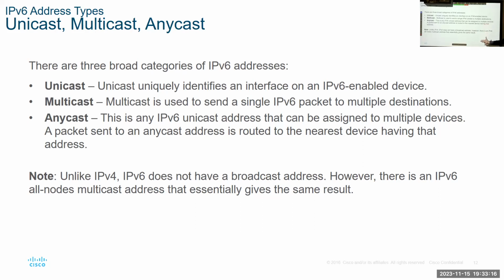Well, that router might get overwhelmed. So you could add another router to the same LAN and give them the same address. You'd have to specify in the router configuration that it's an anycast address.